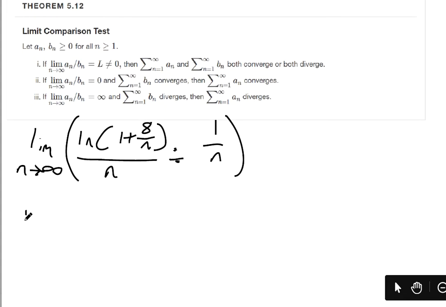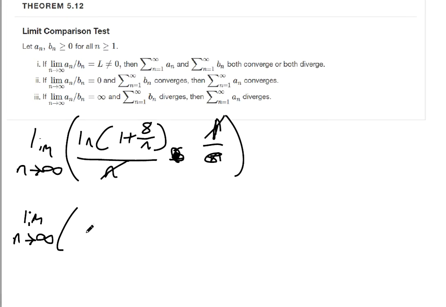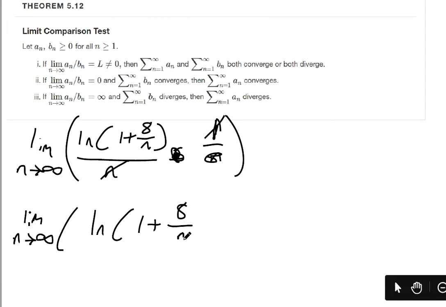So still evaluating this limit, we'd flip and multiply the second fraction, and the n's cross out, so we have the natural log of 1 plus 8 over n.